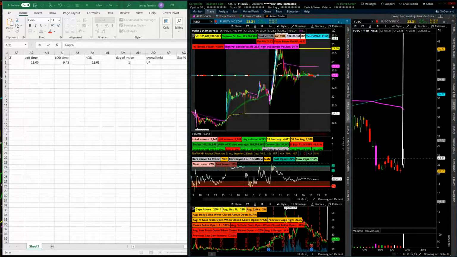Let me sign into TradingView real quick. They've got just a super simple ruler tool that I like to use.